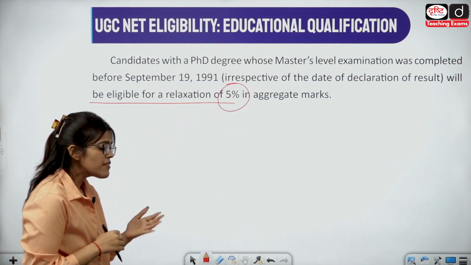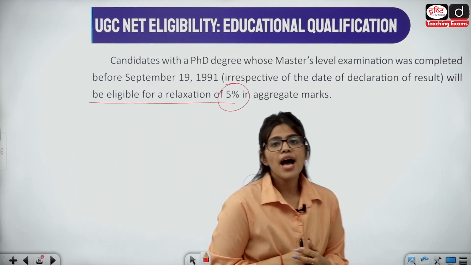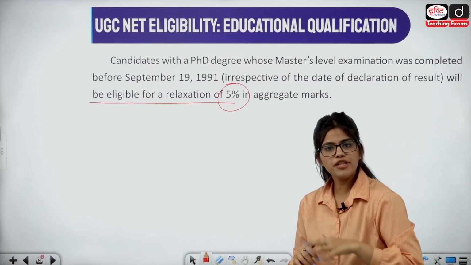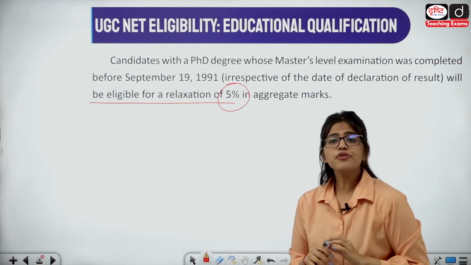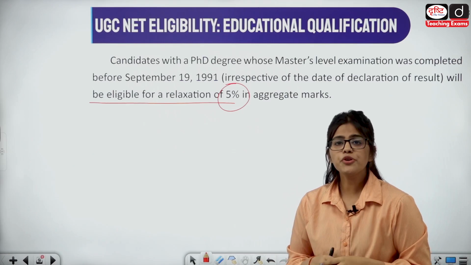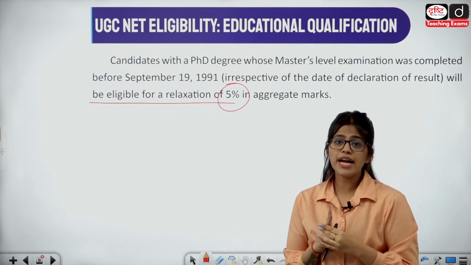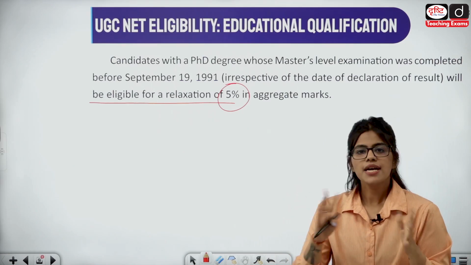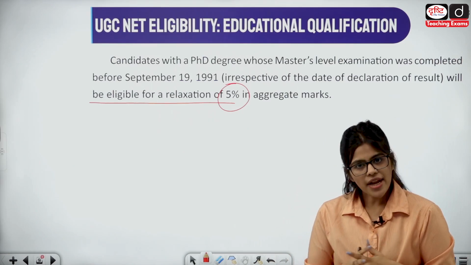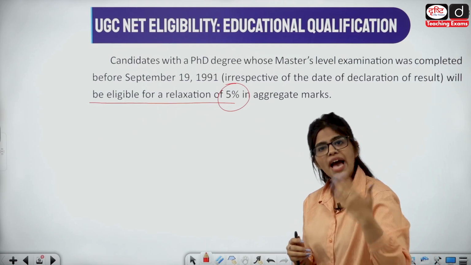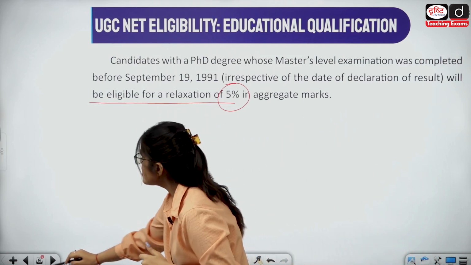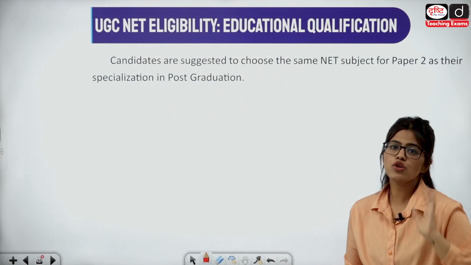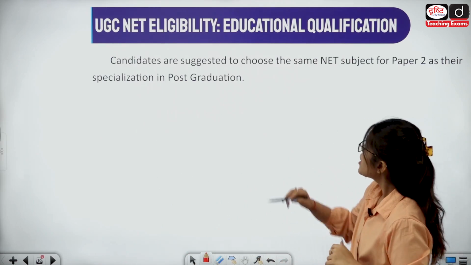Right? So if you have just enrolled yourself in your MA, you can also fill the form. But if you clear the exam, you need to prove to the NTA that you have already scored 50% or 55%, depending on your category. So if you are in your MA, you can fill this UGC-NET form, but you have to prove the minimum scores.